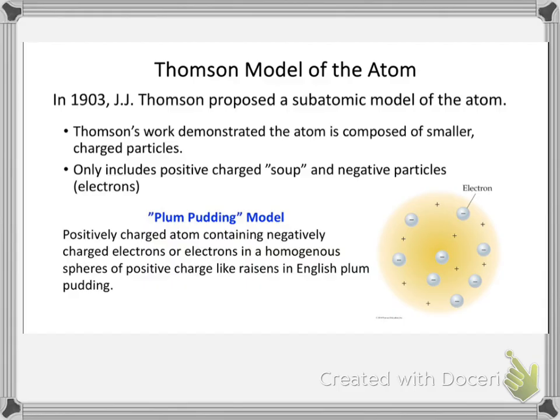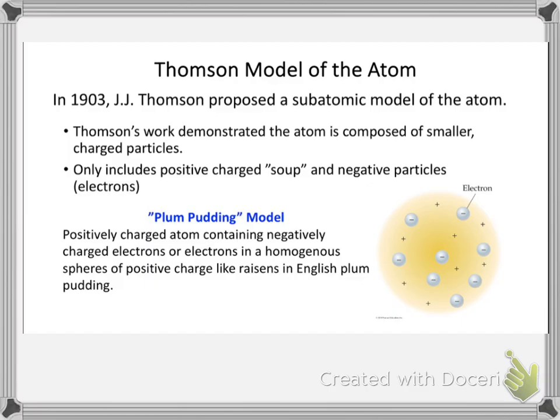It's called the plum pudding model, and you can Google plum pudding. It is an English dessert. It's not really pudding. To me, it looks more like cake with pieces of plum, like raisins or currants, or that fruit in it. So Google it if you're wondering why they would call it a plum pudding.